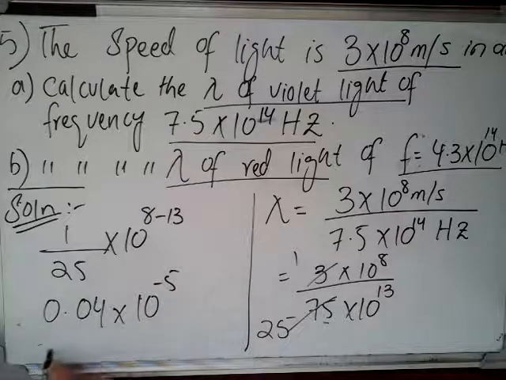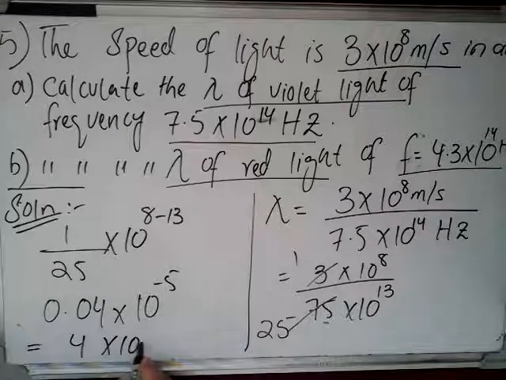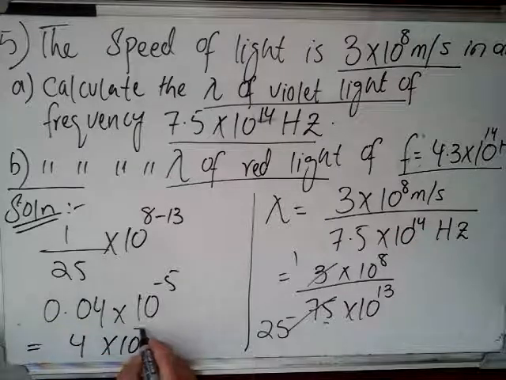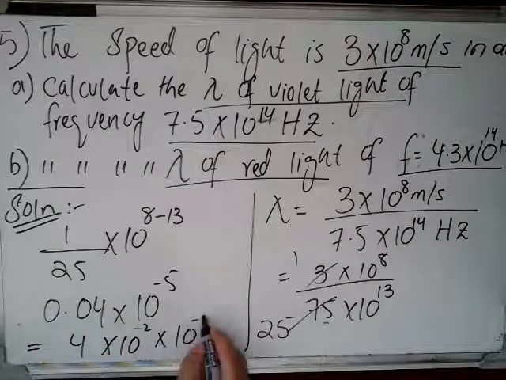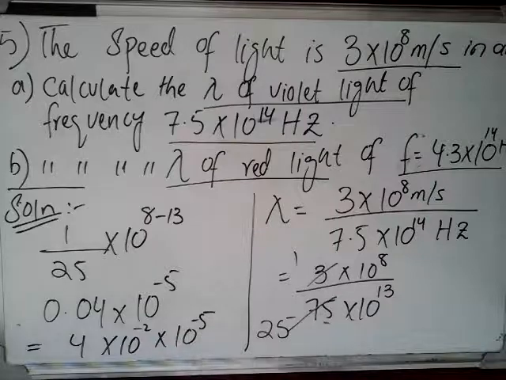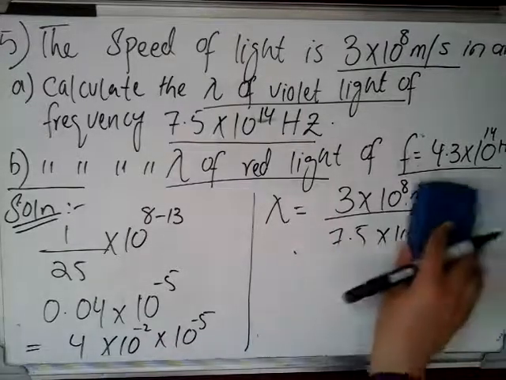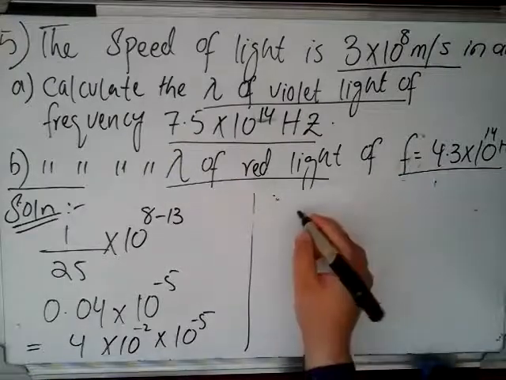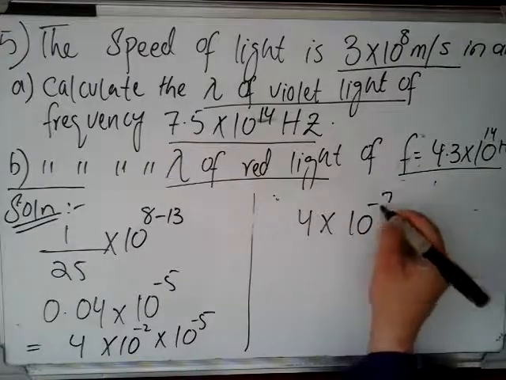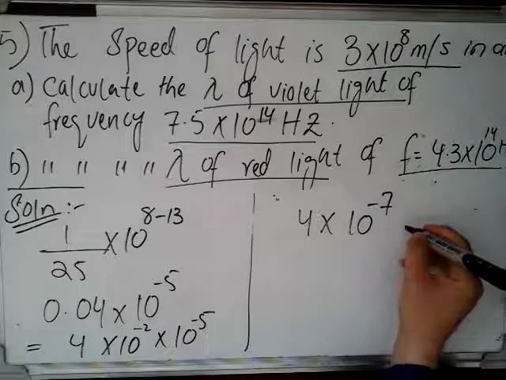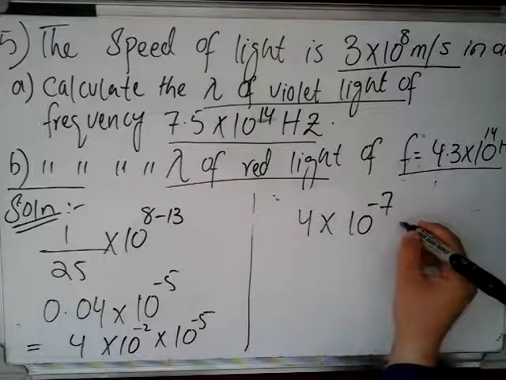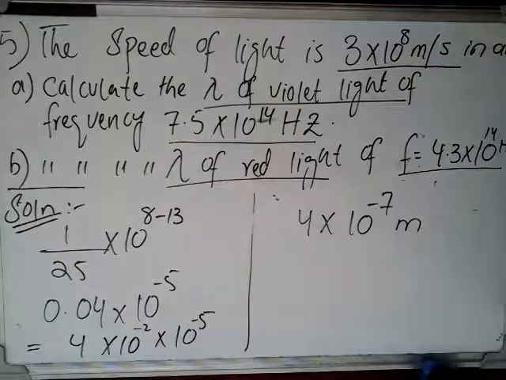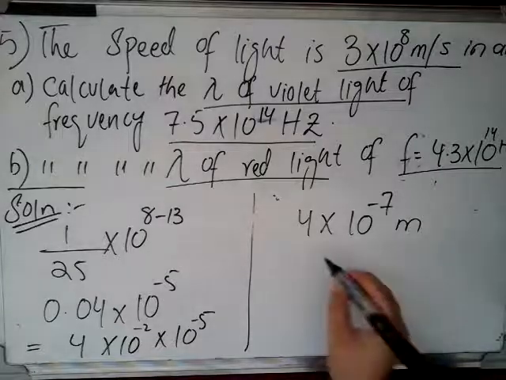I can also write in scientific form: 4 into 10 raised to power minus 2, into 10 raised to power minus 5. Together it gives us the value 4 into 10 raised to power minus 7 meter. So this is the wavelength of violet light.